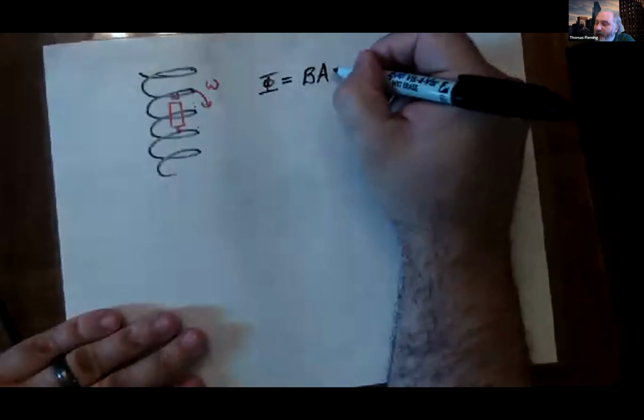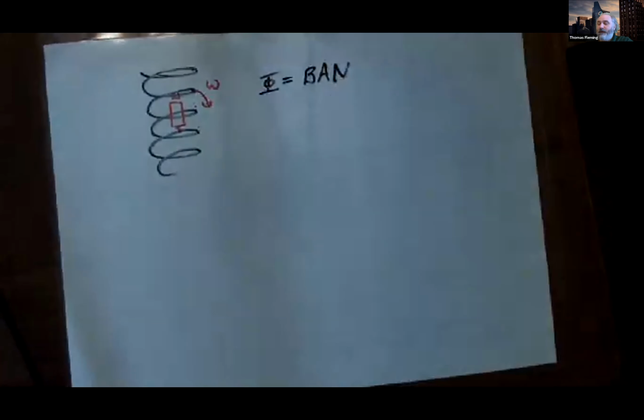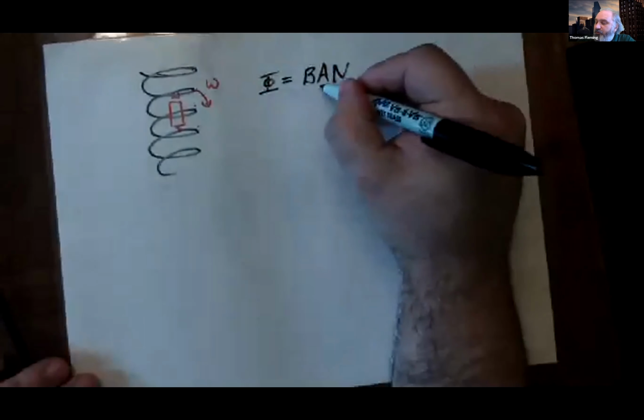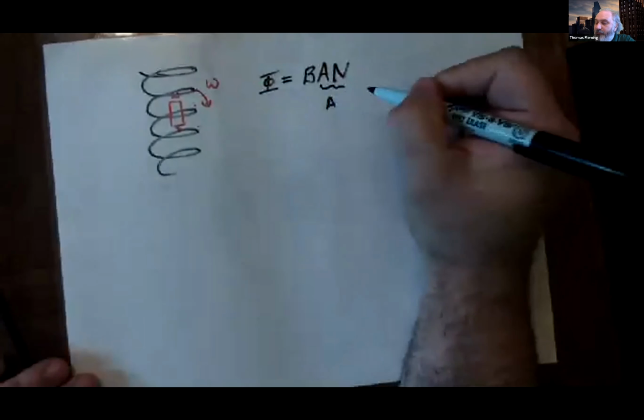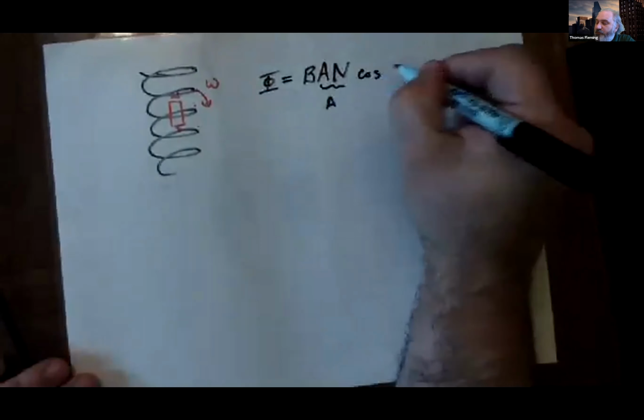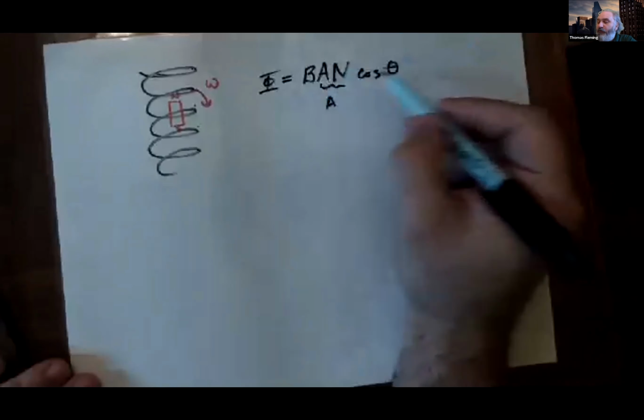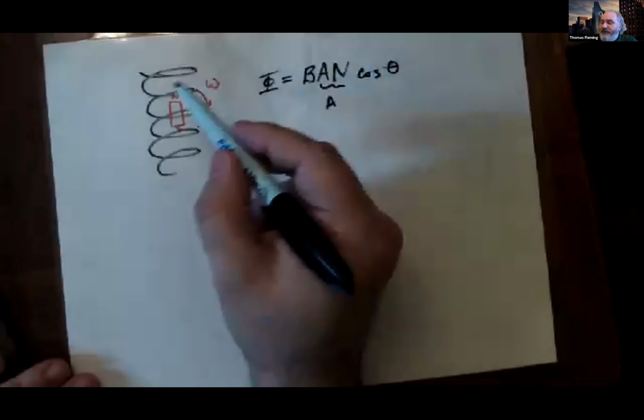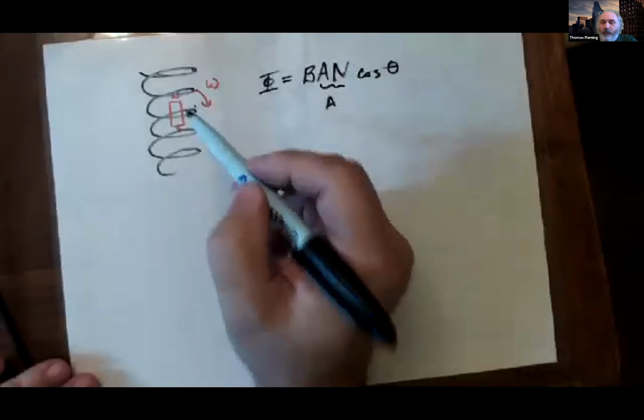So I'll multiply by N coils. So this is kind of like my actual area times the cosine of theta. Again, I'm just doing BA cosine theta. The N is coming back because I have area for each coil. I'm just multiplying by N.